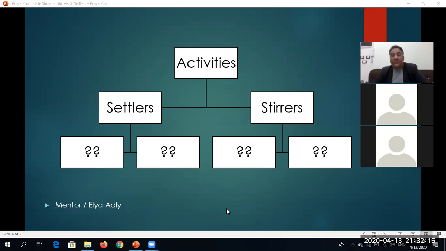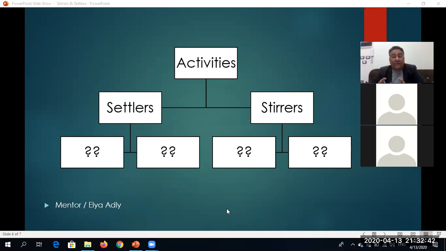And what about examples of stirrers? Have you got some examples of stirrer activities? I think songs, role plays, ball games, class games, mingles, or surveys, drama acting out.